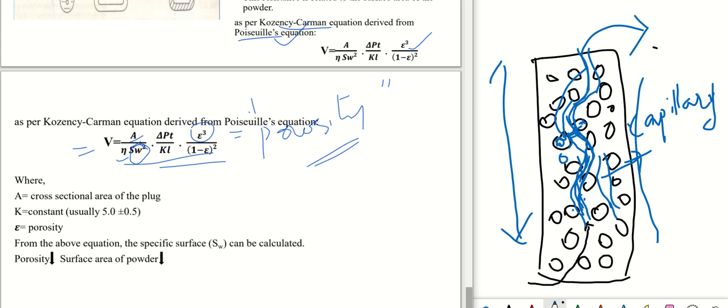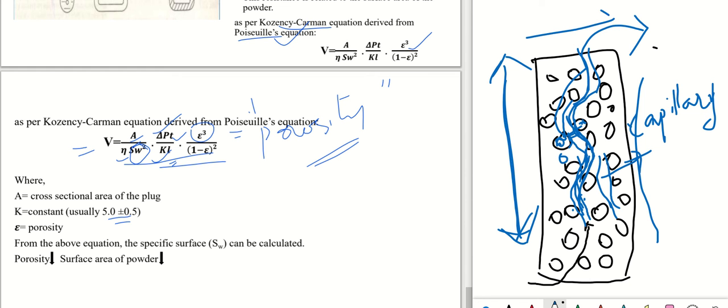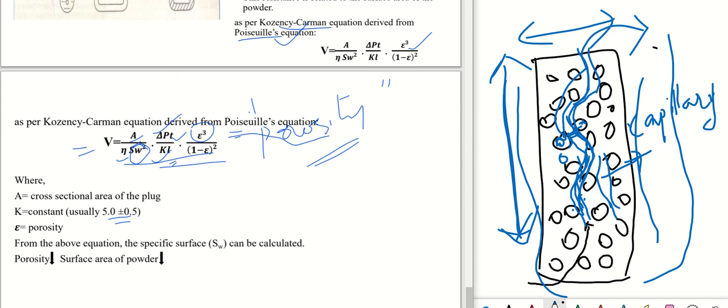SW squared into delta P, the pressure difference. T is temperature. K is a constant, the instrumental constant, usually 5 plus or minus 0.5. L is the length of the column, and A is the cross-sectional area. So we need to consider the column also, L and A. And epsilon represents the porosity of the sample. We need to know the porosity and then incorporate that value in this equation.